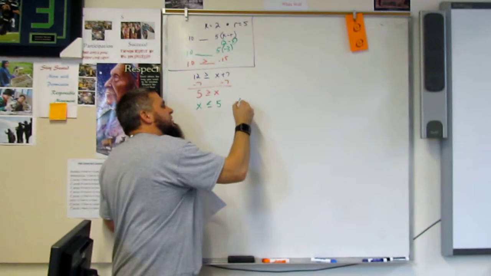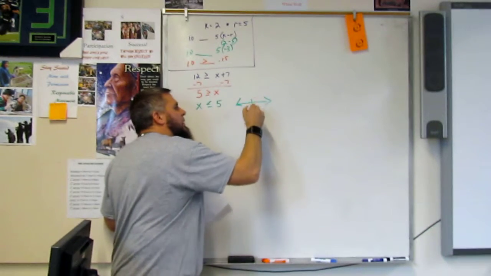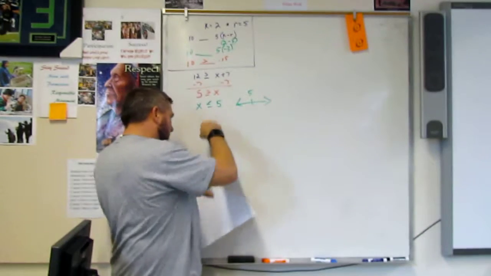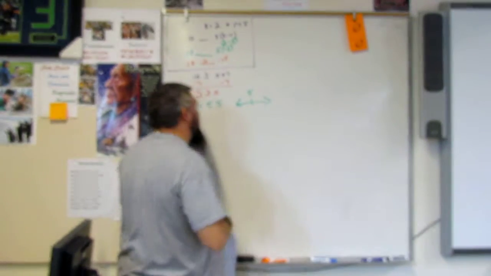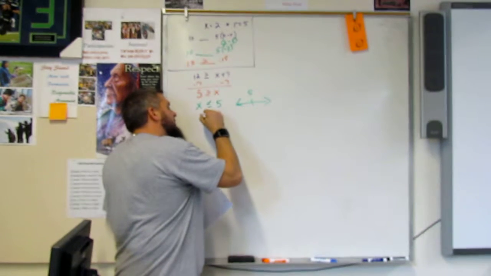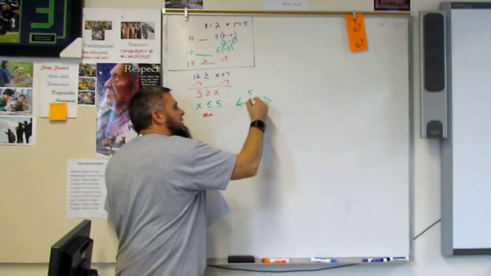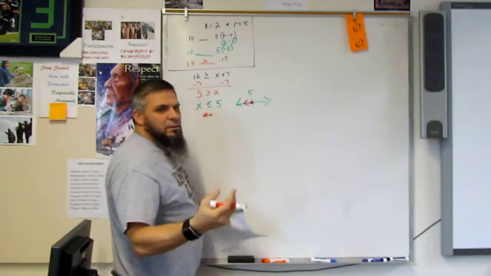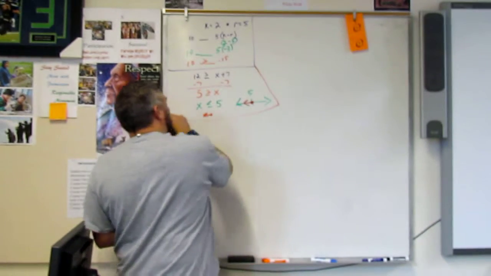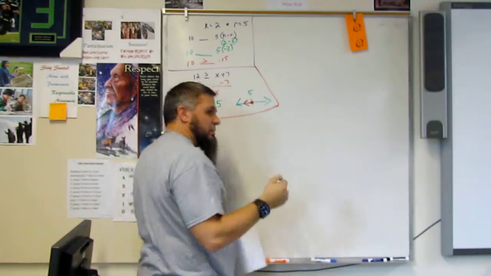Now I can actually graph this. I put the 5 right there, whatever number I have, I know that this is a solid dot. It's solid and it's going that way. Done. And I got another one finished. Okay?